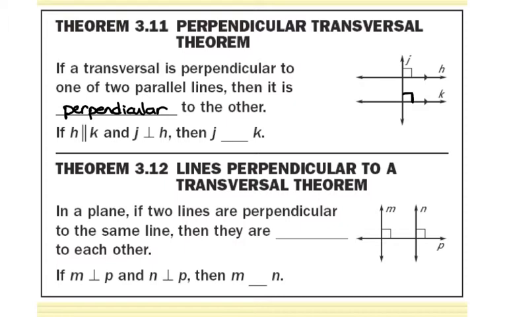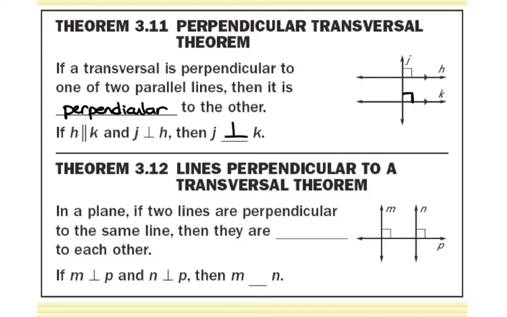These two angles that we're looking at right here, this one and this one, are corresponding angles. So if these two lines, H and K, are parallel to each other, then these corresponding angles are going to be congruent to each other. Meaning, if we know one is 90 degrees, the other one's going to be 90 degrees also. So, J and K are perpendicular.